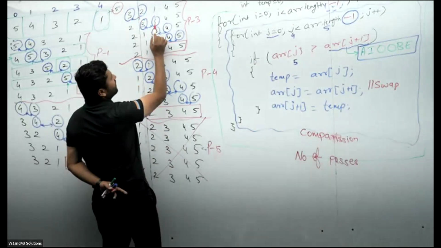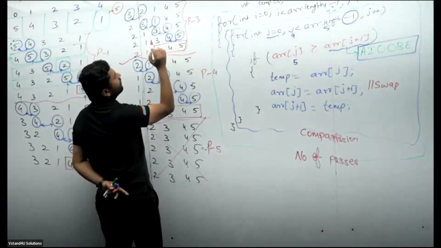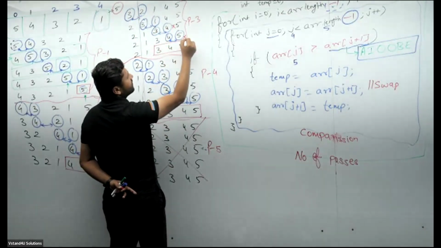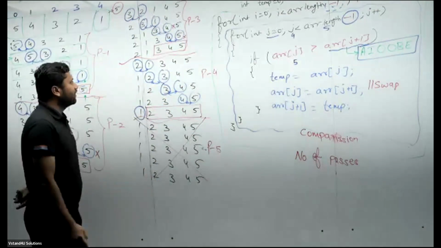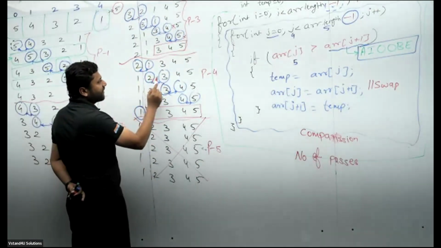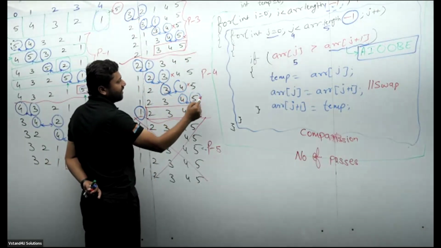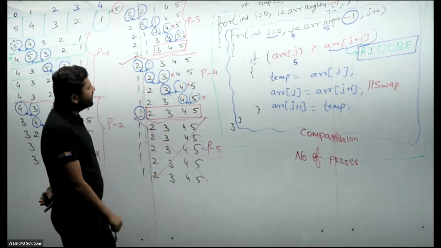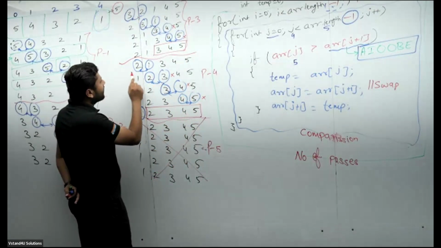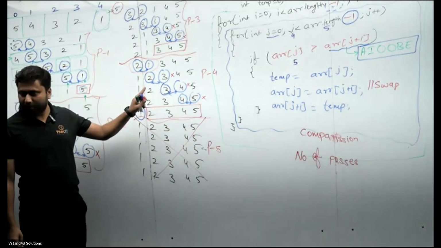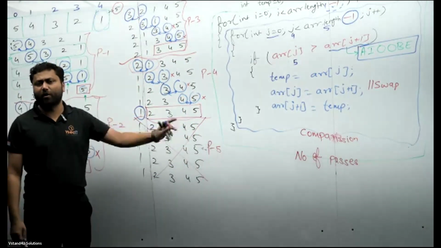Swapping required, swapping required, oh, this is not required. How about this one? This is also not required. Swapping required, swapping required. Then if you check, we need to compare only one in this case, because everywhere swapping is not required at all.